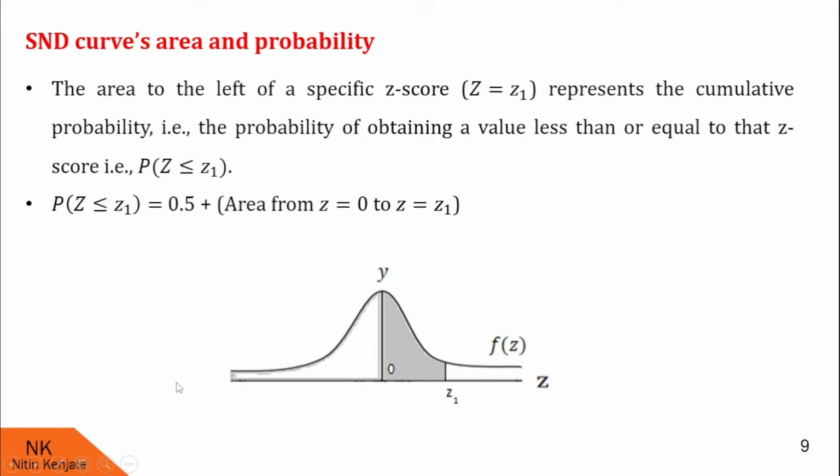From z equal to minus infinity to z equal to 0, the area covered is 0.5. And the rest of the area is the area from z equal to 0 to z equal to z1. That is why probability of z less than or equal to z1 is 0.5 plus the area from z equal to 0 to z equal to z1.